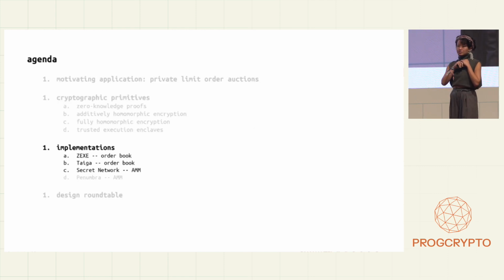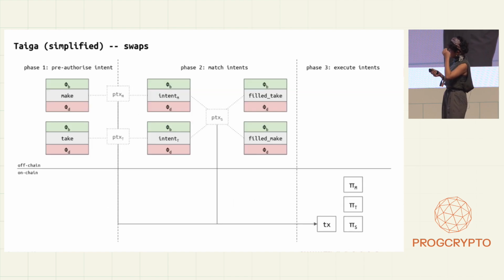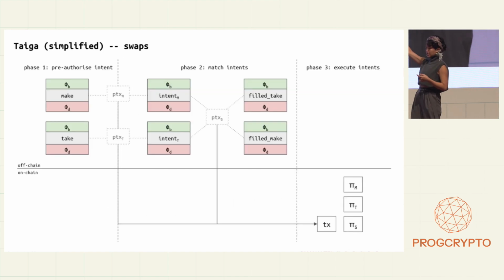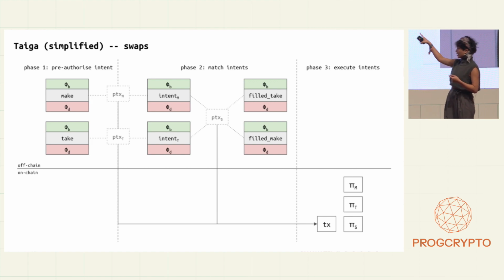So I wanted to quickly mention a third order book construction. It's called Renegade Phi. Basically, they do this matching on-chain. They have this sort of MPC threshold that is performing these matches.